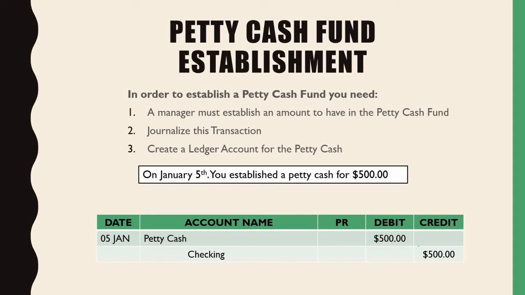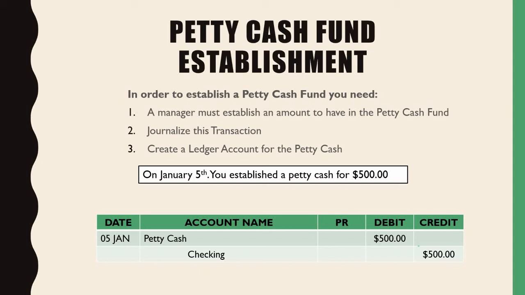In this sense, you have two options. You can go to the physical bank, withdraw money and place it into your petty cash drawer. But the best way to make sure you keep track of the transaction is to write a check to the person who's in charge of the petty cash drawer.